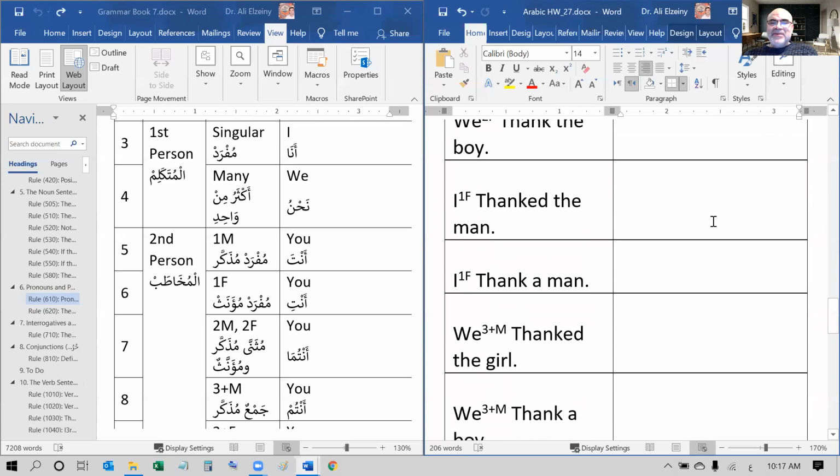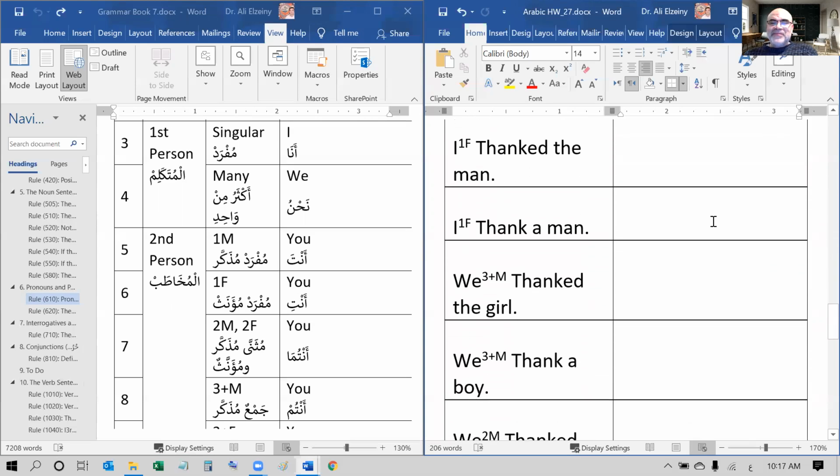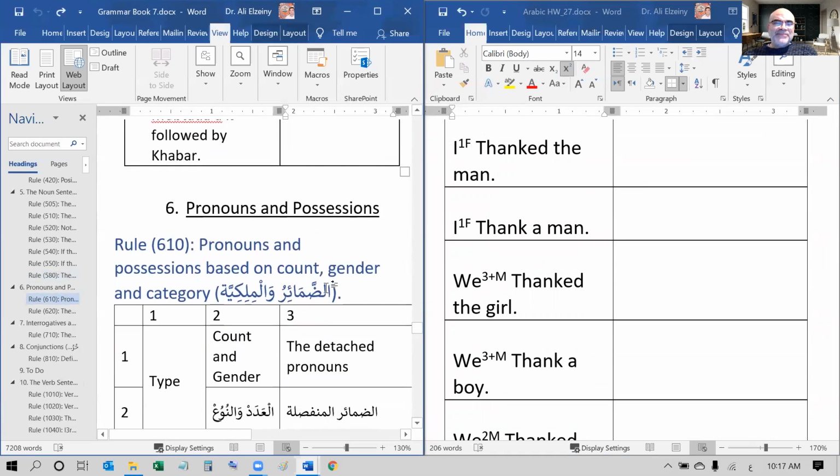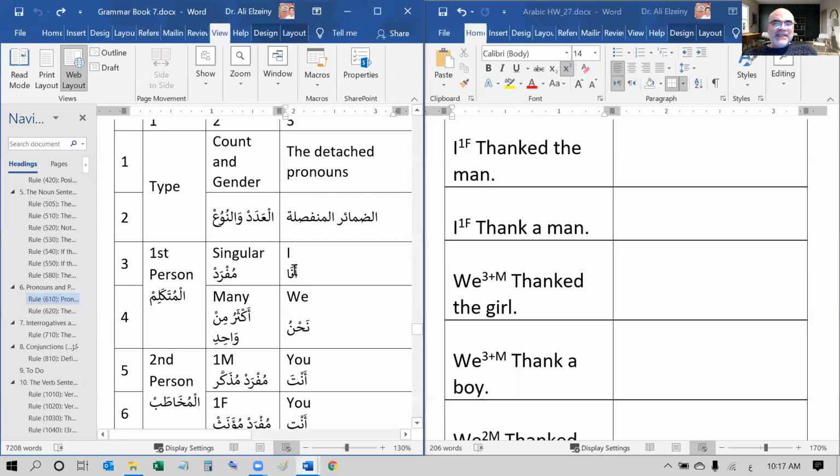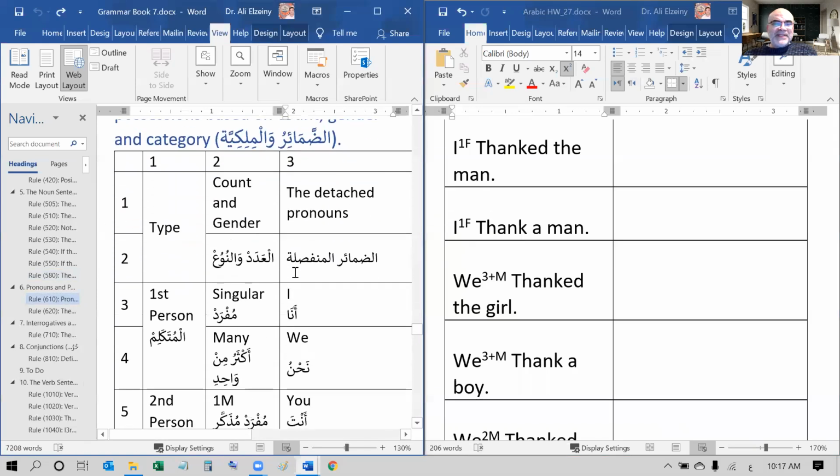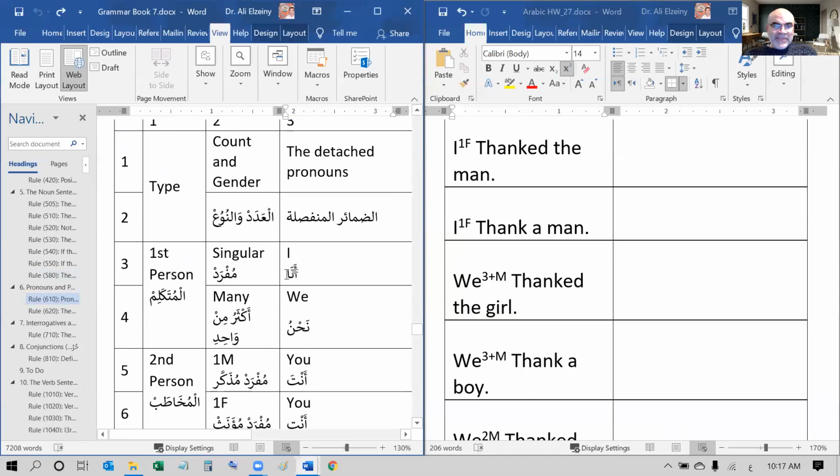So now, here for example, I 1F. So "I" 1F is أنا. So I copy this أنا. Why is it behaving like that?